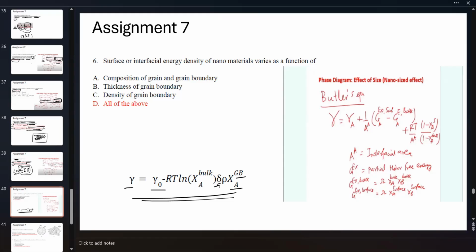This is your thickness of the boundary wall, rho is the density, and the composition of the grain boundary. All three are correct.